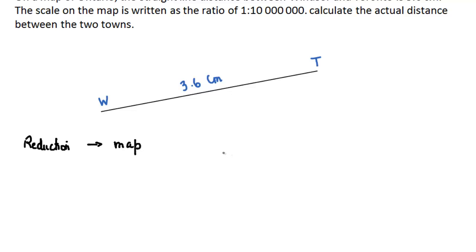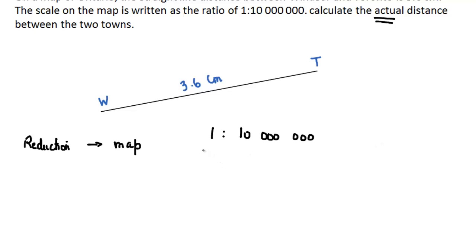Now the question is saying calculate the actual distance. In this case, I have to think that I'm doing something related to an enlargement. So the distance of 3.6 has to become a large number. Excellent. The scale is saying 1 to 10 million.